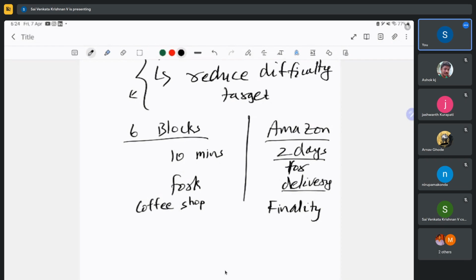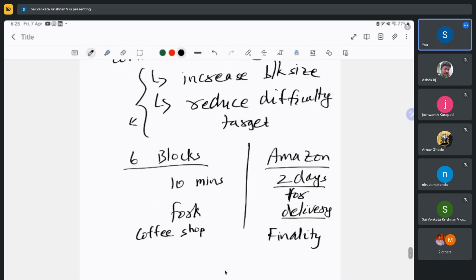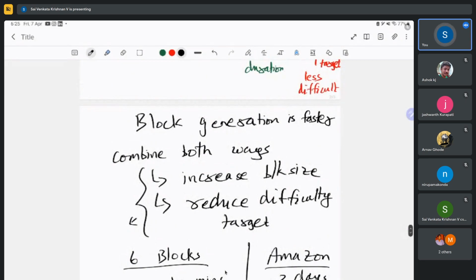So for all these things, increasing the transaction throughput per second is crucial to support all the normal daily life scenarios, if Bitcoin has to replace your traditional centralized finance institutions. Okay, so these are the two ways by which we can increase the Bitcoin throughput per second.